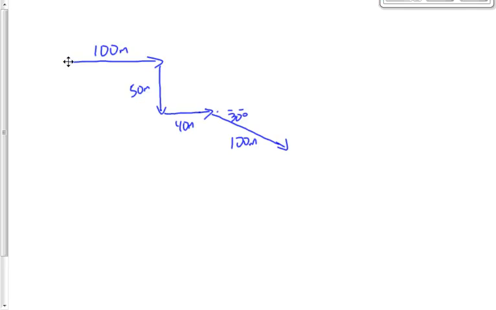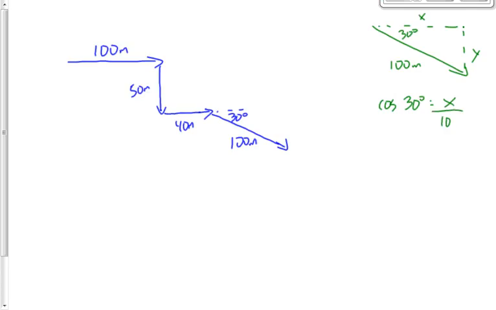Now, let's go off to the side up here and just redraw it. Here's my 30 degrees, here's my 100 meters, here's my x, and here's my y. Guys, you see how that's the same thing? Let's get the x side. Cosine 30 degrees is equal to adjacent over hypotenuse.